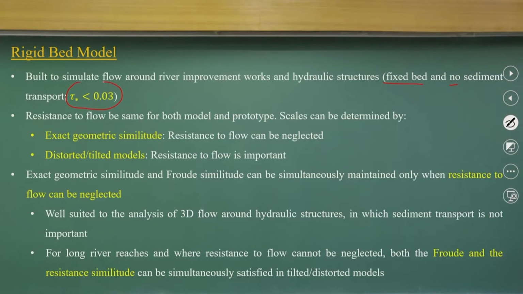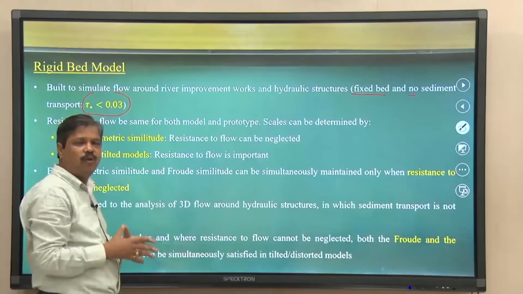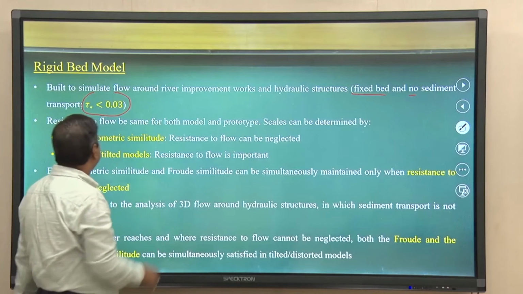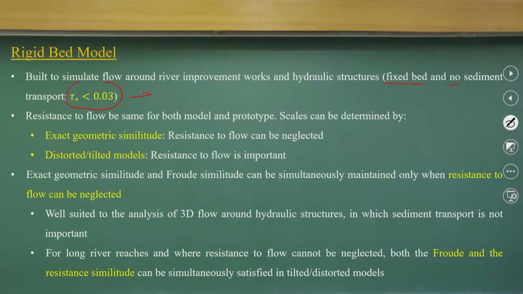So, you can see a river flow where the silt parameter is lesser than 0.03, then you can consider it a rigid bed model.